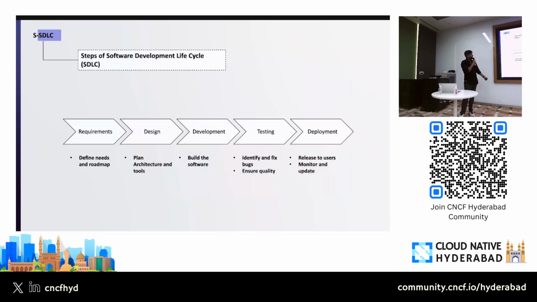Okay, here I have just shown what the ideal development lifecycle stages look like. One is the requirement stage, then design, development, testing, and deployment. When you want to develop something, you first need requirements. What is the customer requirement or the business requirement, right?